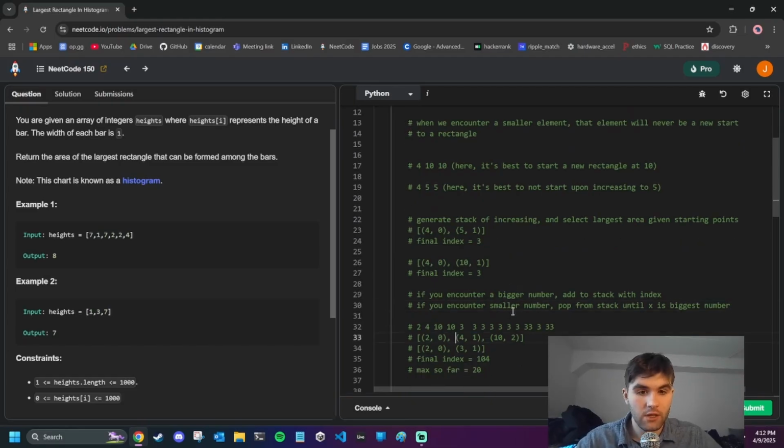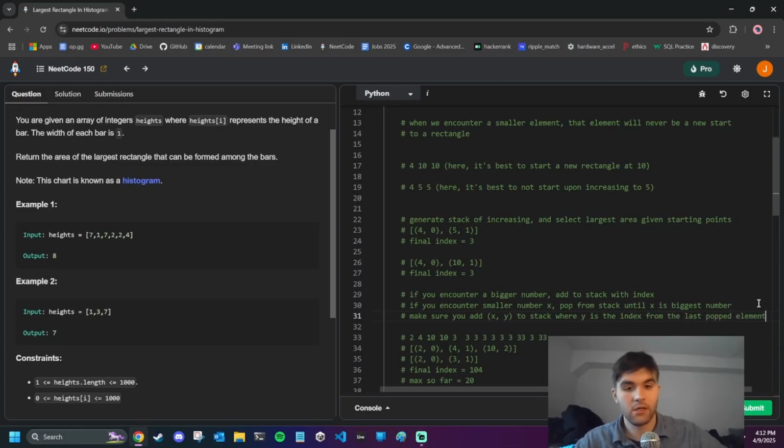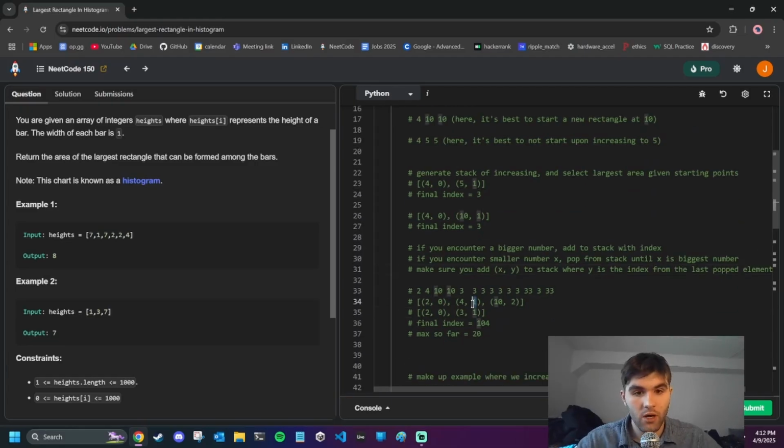And make sure you add x and then y to the stack, where y is the index from the last popped element. So in this case, 1, right? Because we're saying with size 3, we can go all the way back to 4.